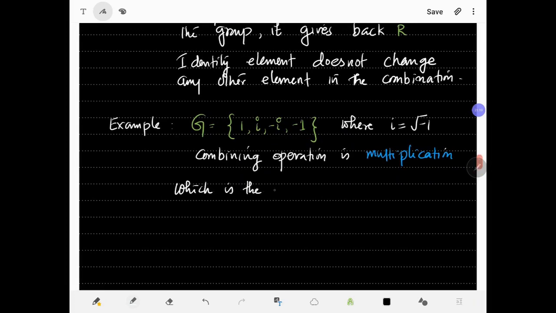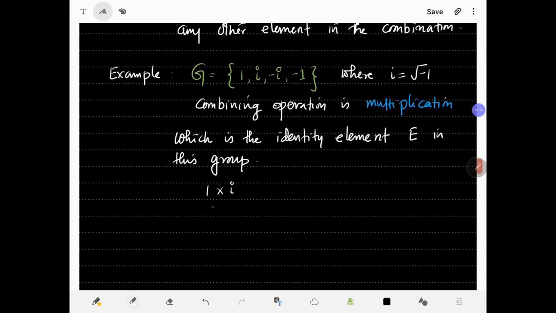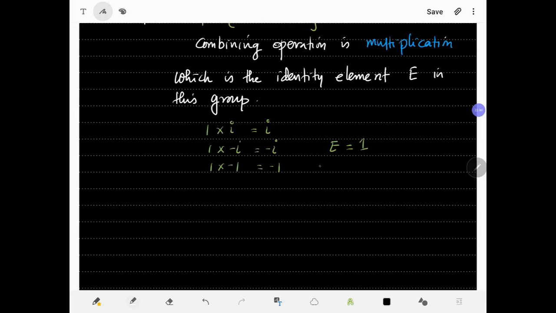So immediately you can say that the identity element in that group is definitely 1. 1 multiplied with any other element leaves the other element unchanged. And thus the identity element here is 1. So in this group of 4 elements, we have 1 which is recognized as the identity element. This identity element is also called the unit element.